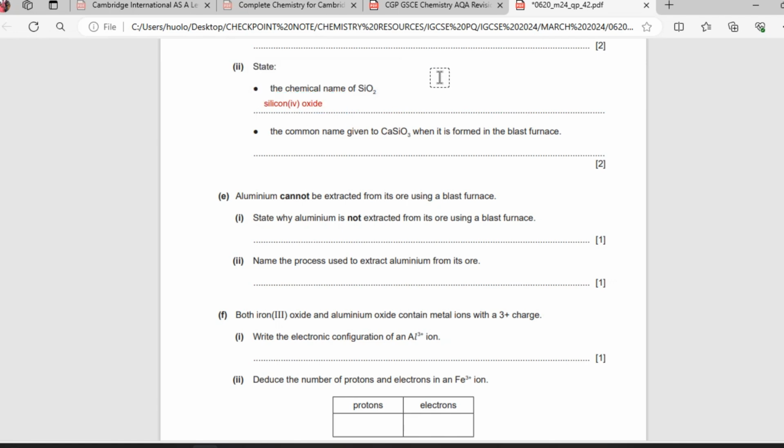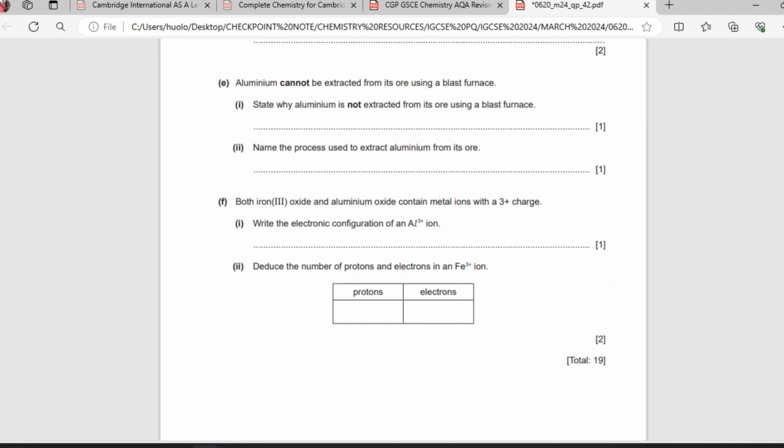Okay, so we have silicon 4 oxide. Then the common name given to calcium silicate in this process, we usually refer to it as what? Slag, right? We call it slag. In other words, the impurity, slag.